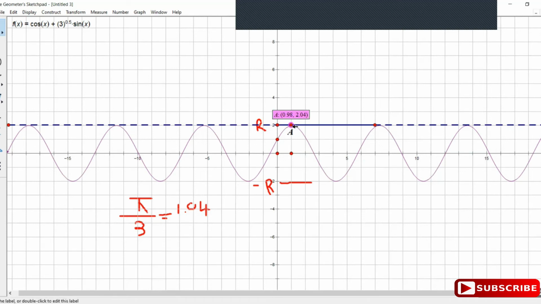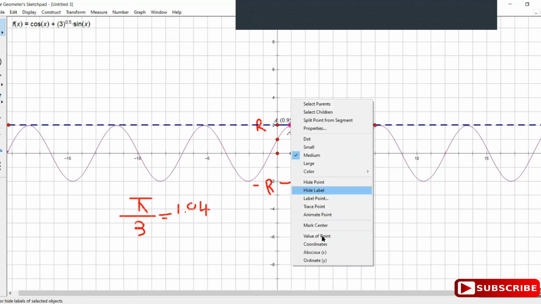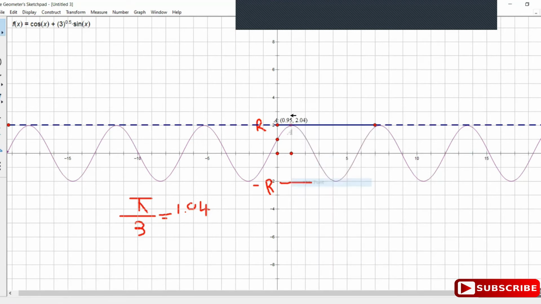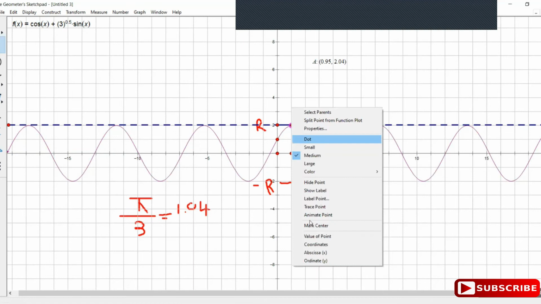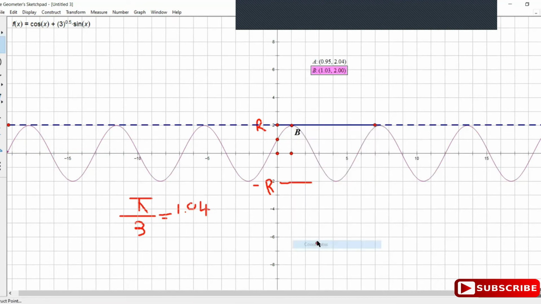I need to put A at the right spot. This looks like a better one for A. Maximum points, show the coordinates. Here it is, 1.032, right? And pi by 3 is roughly 1.04.